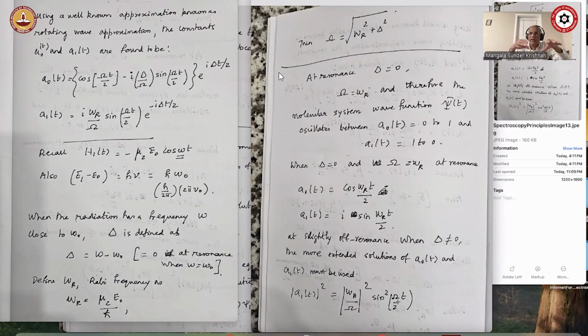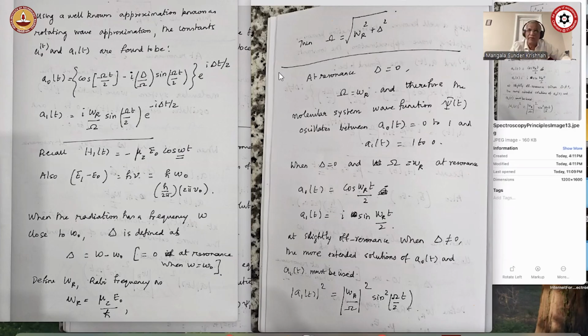Therefore, it oscillates like a sine square function with time. There's no decay. The system either is in the excited state or is in the ground state. And at t equal to 0, it is in the ground state because sine is 0. There is no A1, only A0, which means everything is in the ground state. Otherwise, it oscillates to the excited state and then comes back, oscillates and comes back.